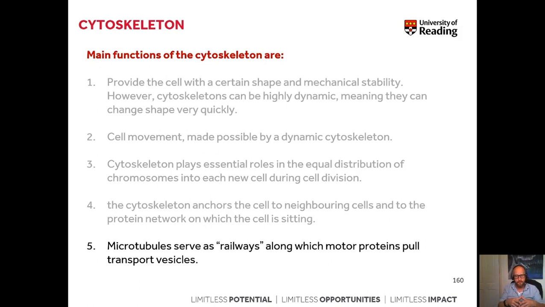As I mentioned before, some of the substances in the cell do require to be transported in an active way, and this is the job of motor proteins. And those motor proteins do use microtubules that are parts of the cytoskeleton as railways.